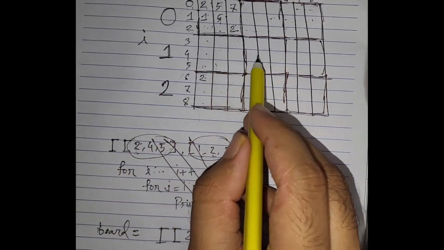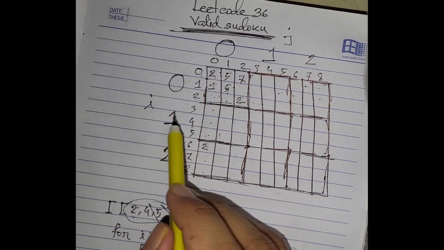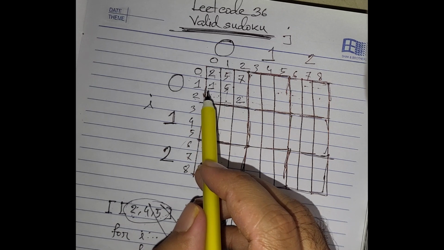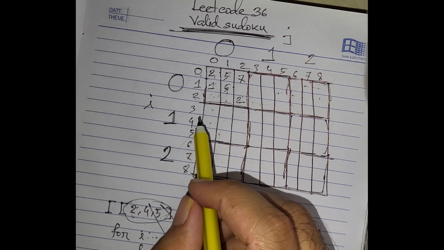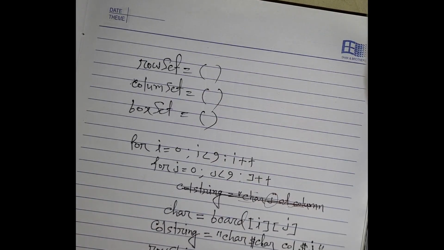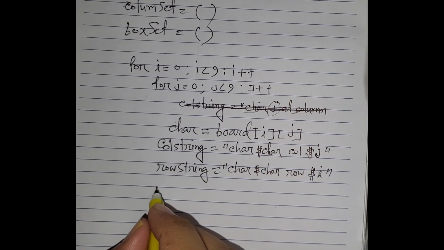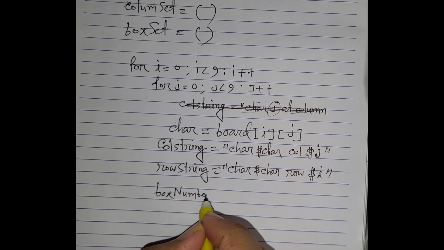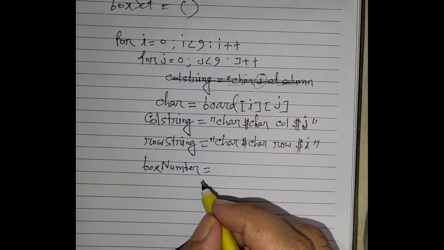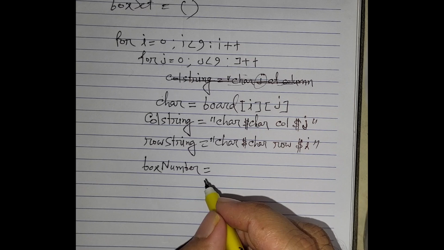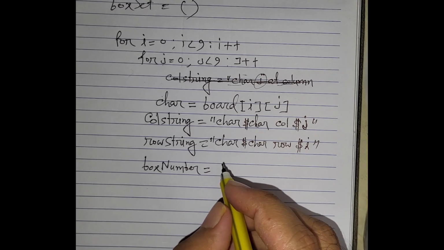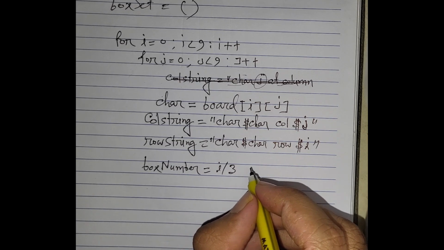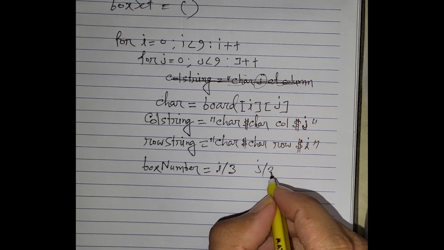These boxes. And we already know how we can identify each box. We just have to divide our index number by 3, and we only want the integer value and ignore the decimal part. So for that, I'll take another variable, call it box number. And how can I get the box number? Well, we will divide i by 3, and divide j by 3.